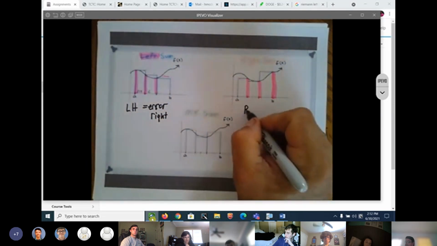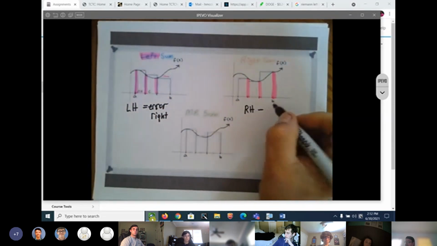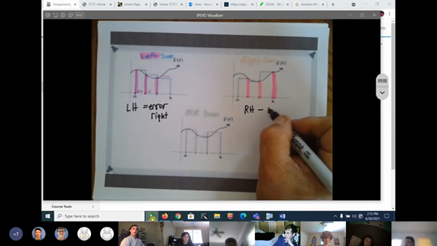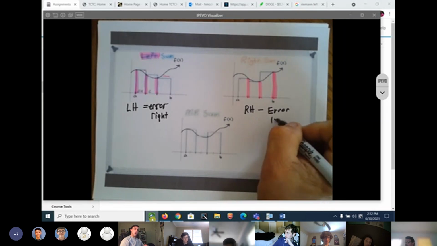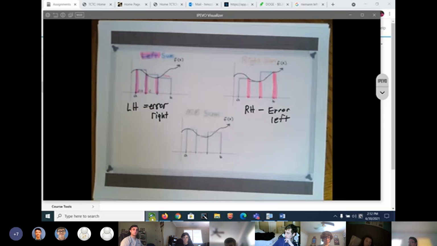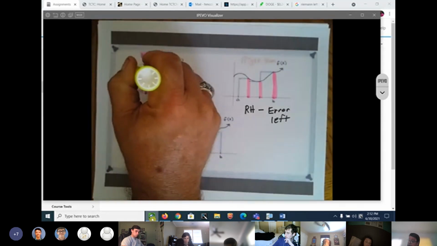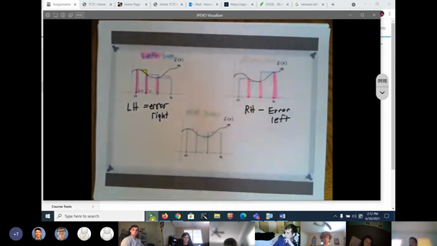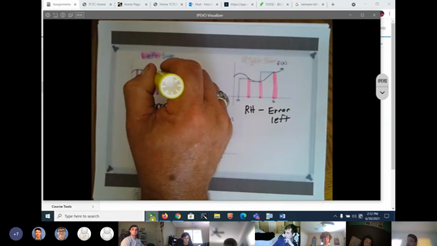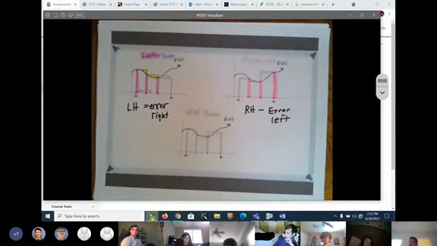With the right hand, the error is on the left. And while I got it, I'm going to go ahead and do the error in yellow. So here's your error right there. Here's your error right there.